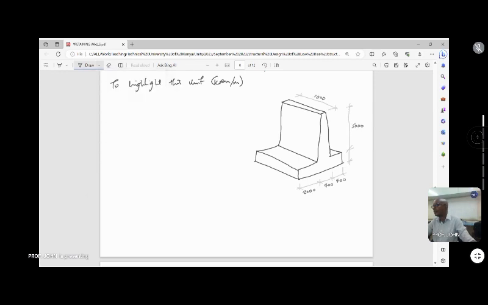It's 5,000. It's 400. So we are considering a 1 meter width strip of the wall.